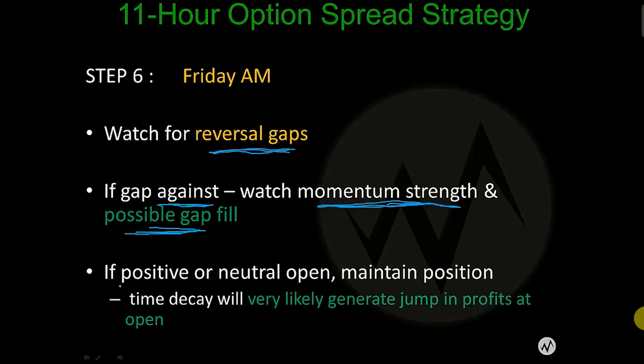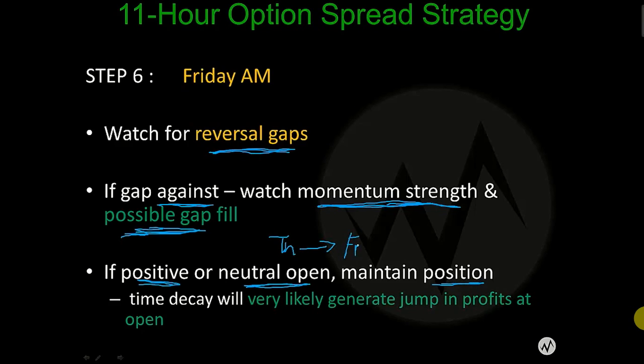Okay? If the move at the open is moving in your direction, or if there is no gap, just maintain your position. Because guess what? Between Thursday and Friday, we had time pass.